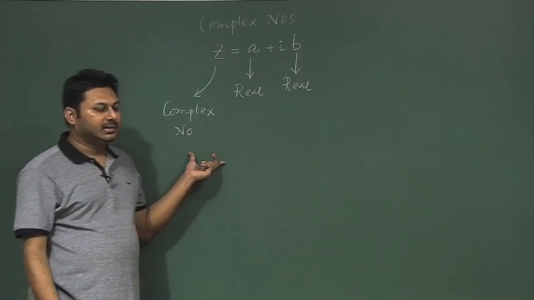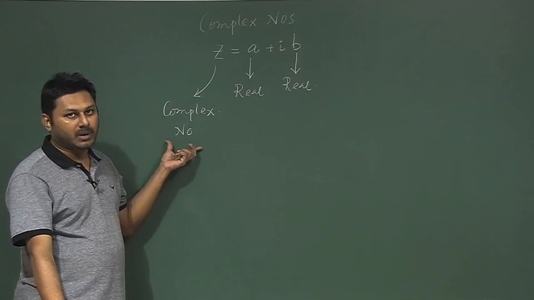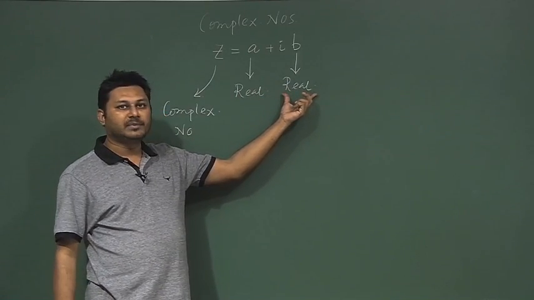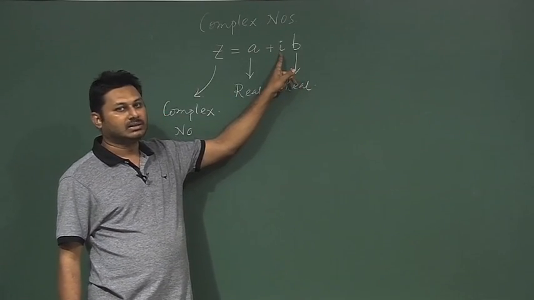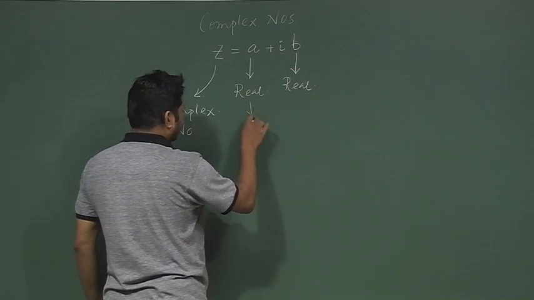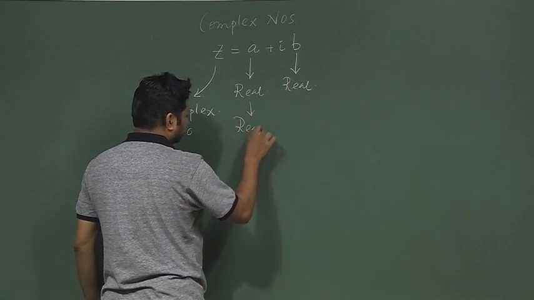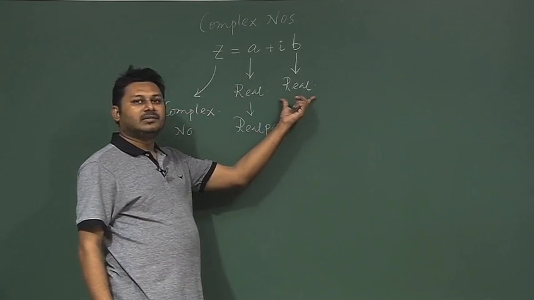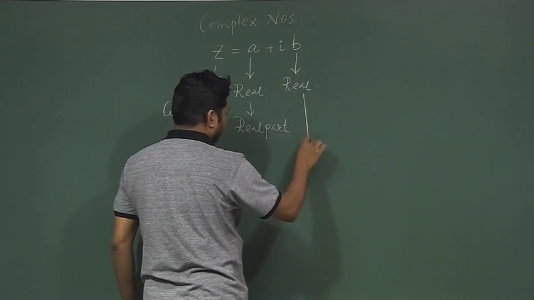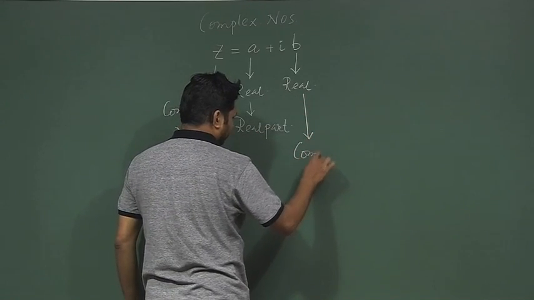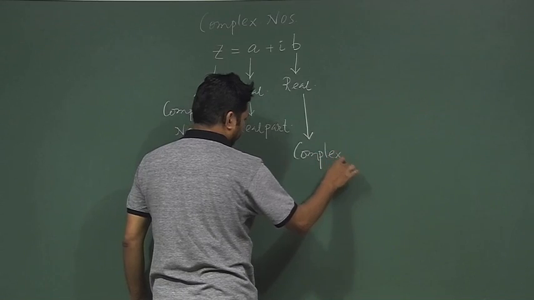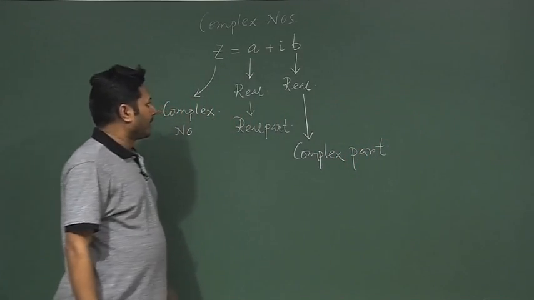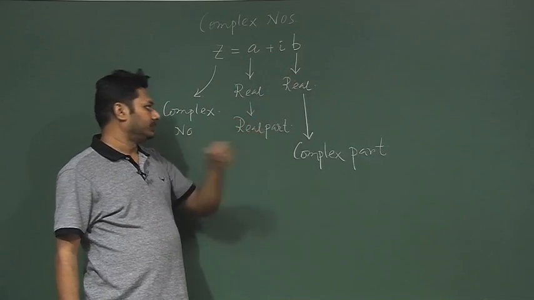The complex number consists of two parts: one is the real part, and the other part is also associated with some real number but multiplied by i. This part is absolutely real, but this part is not real, it is the complex part. This is the real part, this is the complex part.